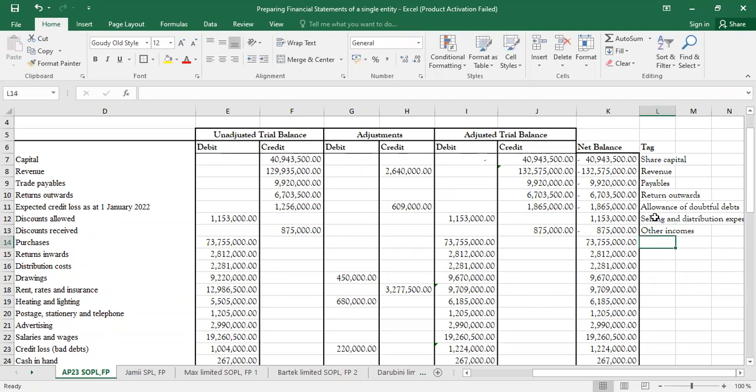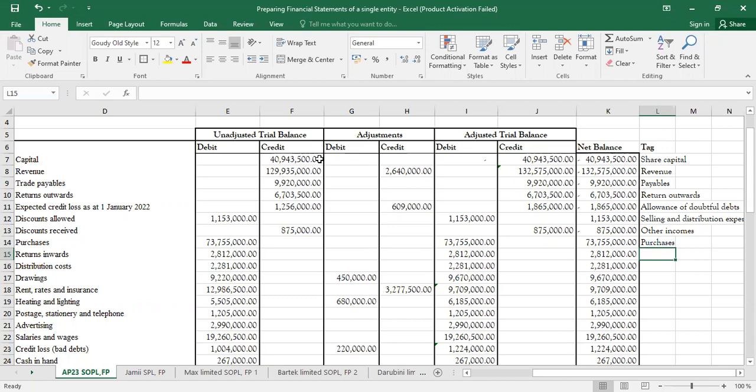Then now we have the purchases. Purchases will remain as purchases. Then we have return inwards, isn't it? Return inwards actually falls under, it's like an expense. If you want to know, just look at the unadjusted trial balance.